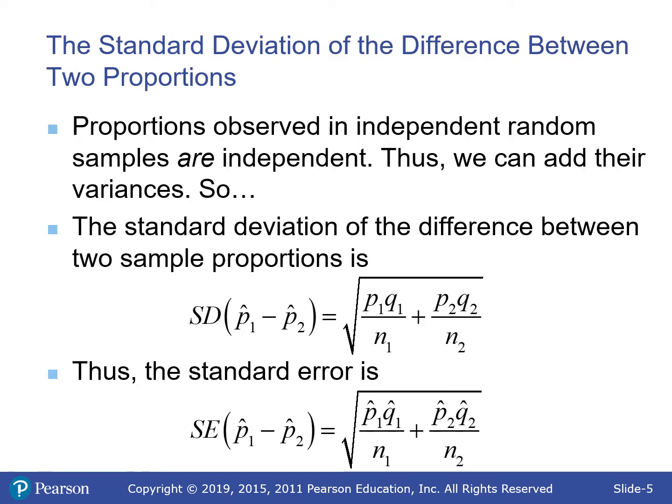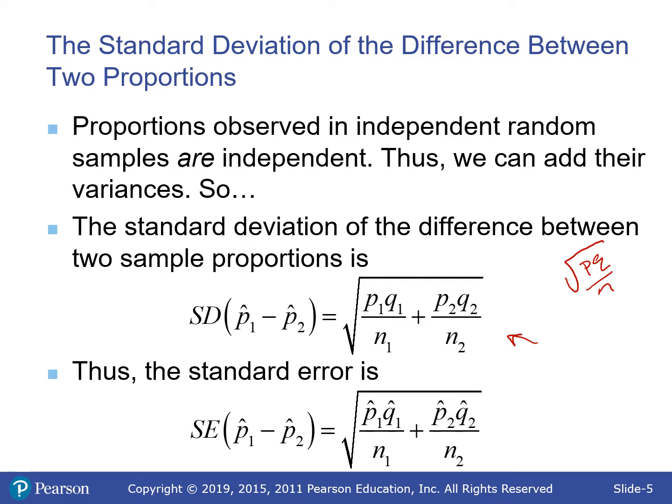So we saw the standard deviation of differences. We square the standard deviation, add them together, then square root. Well, remember the standard deviation of a proportion was the square root of p times q over n. So when we square that, we get these guys, the p times q over n, and then we square root.